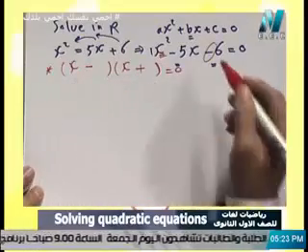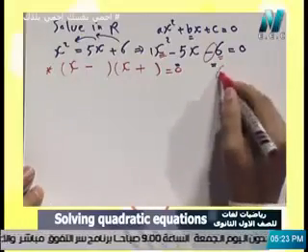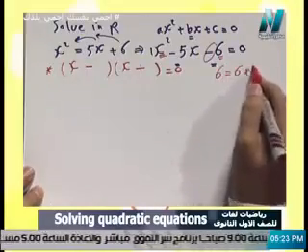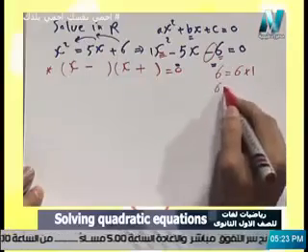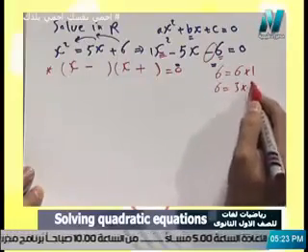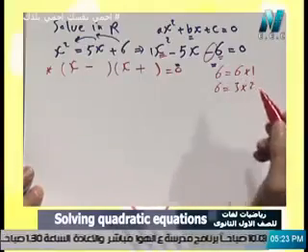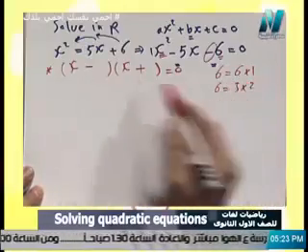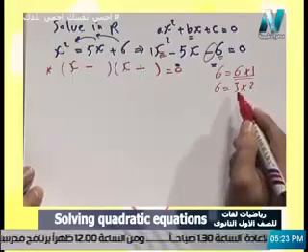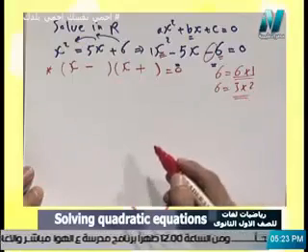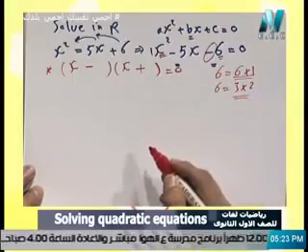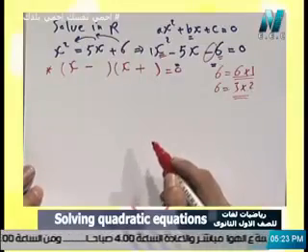Okay. 6 here can be 6 multiplied by 1, or 6 equals 3 multiplied by 2. What will we put here in the solution, is it 6 multiplied by 1 or 3 multiplied by 2? We'll choose.